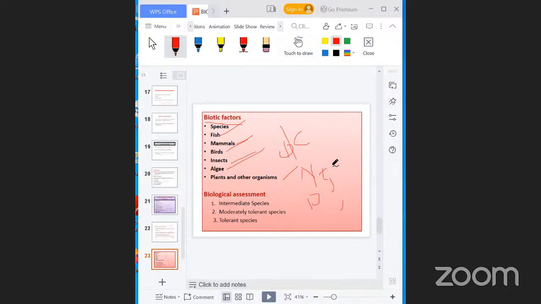So these are important tools to assess the environmental impact and bio indicators, right?